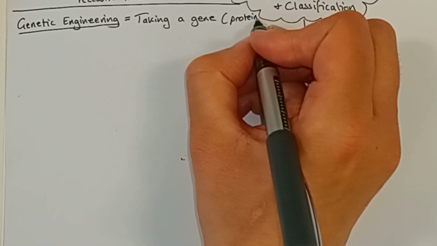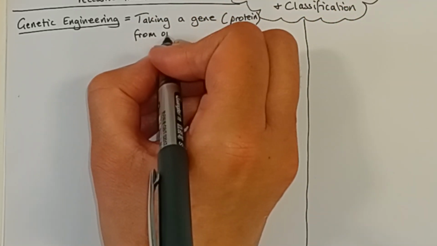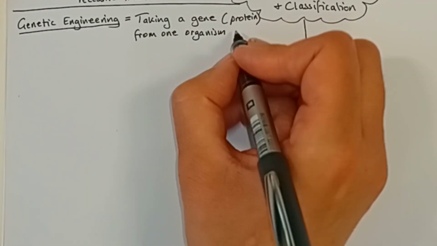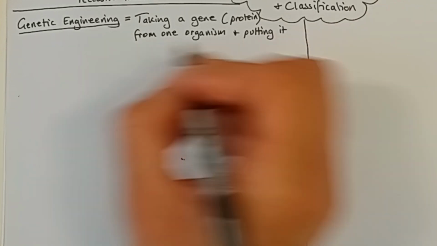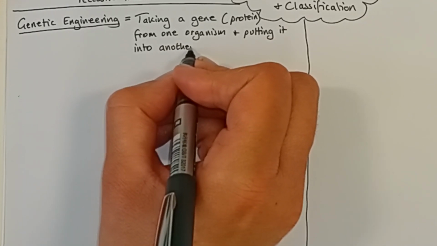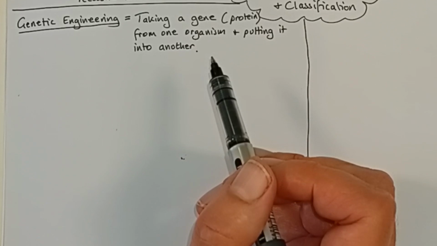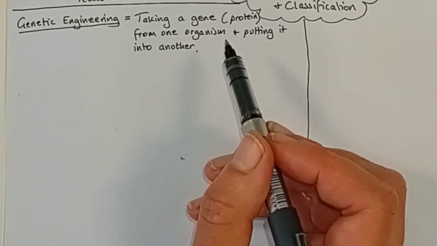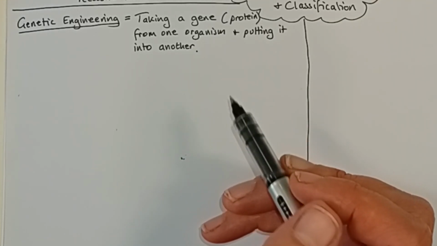So we're taking the code for a protein from one organism and putting it into a different one. So because it's got the gene, it's going to make the other organism's protein, which means it's going to have the characteristics that that protein gives. So that might be colour of fur, or making an enzyme, or making a certain protein.